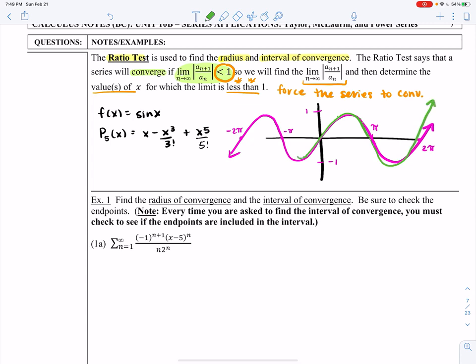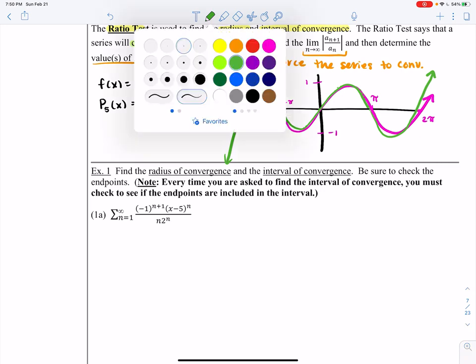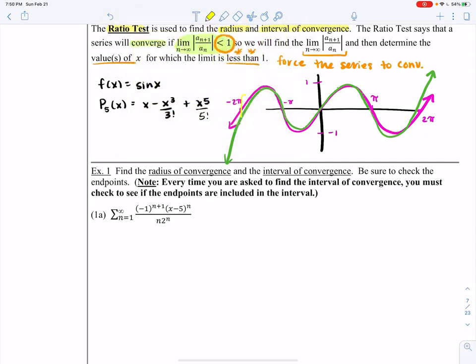And on this side, it's pretty close, pretty close until it starts to get farther away. We could suspect that if I added more terms, we would get a better approximation farther out. And so this range right here, where we're pretty close, would be called the interval of convergence.